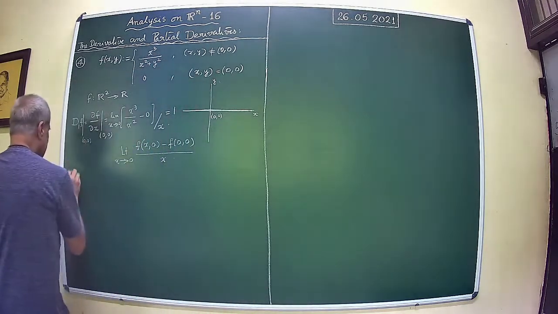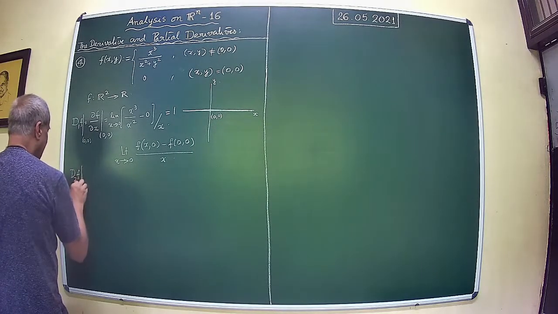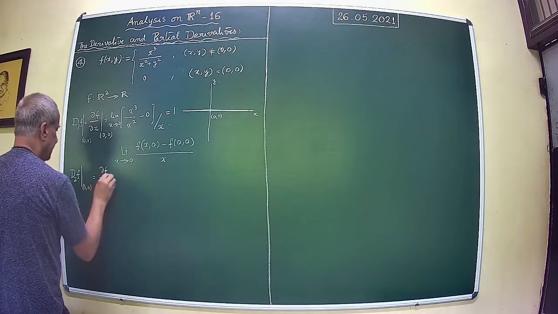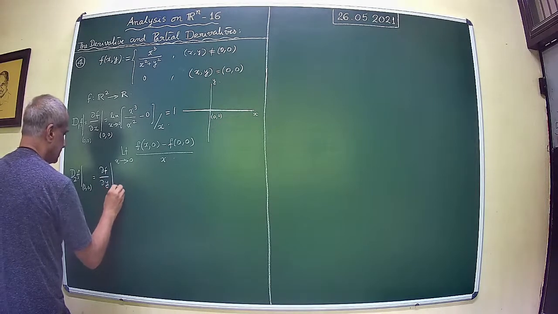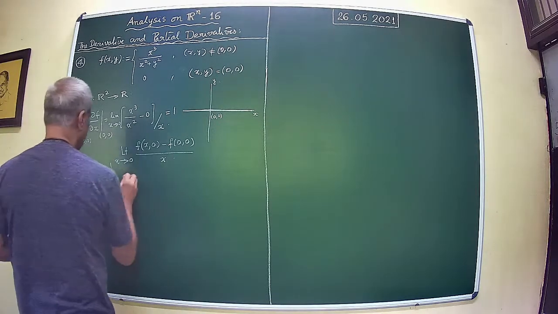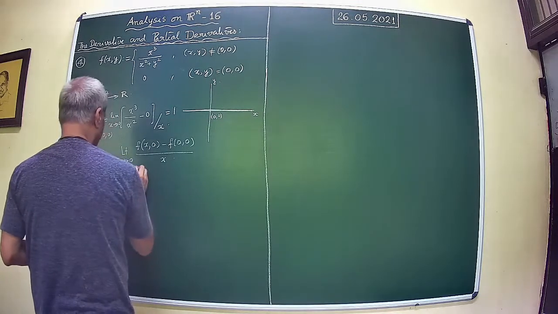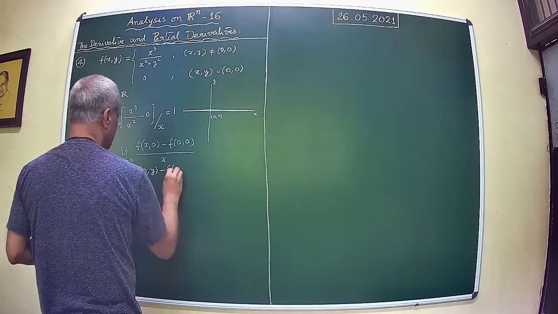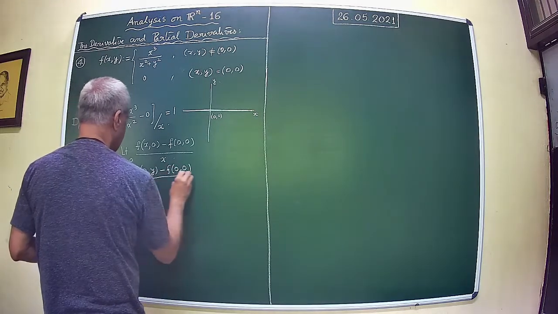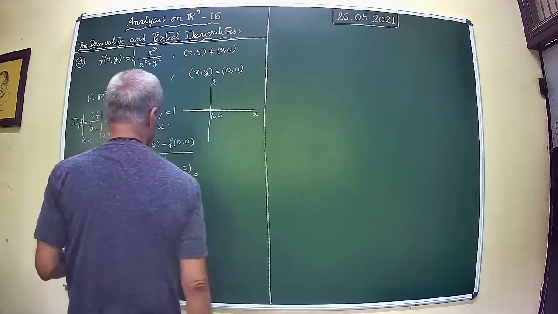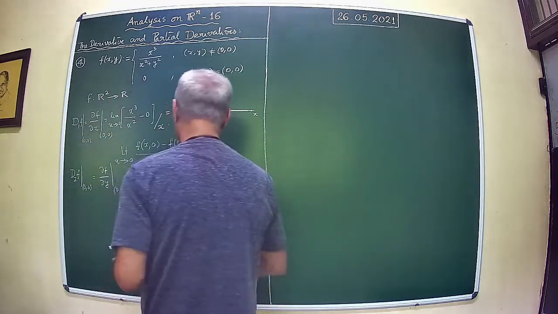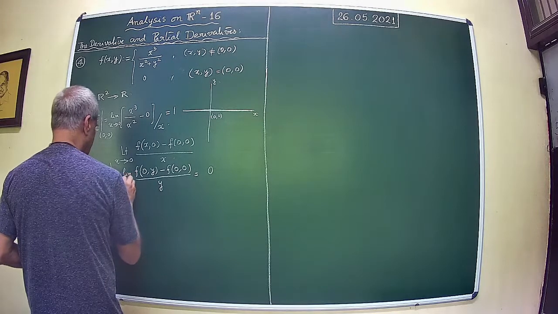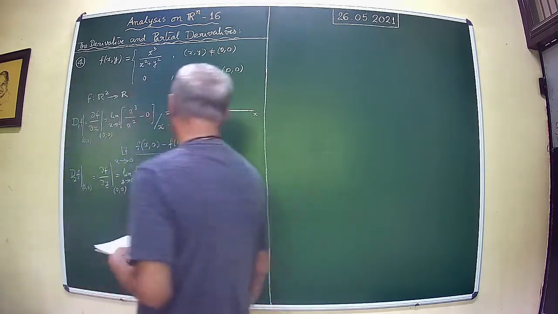Similarly, we compute d2f at (0, 0), which is equal to df by dy at (0, 0), which is equal to the limit of f of (0, y) minus f of (0, 0) over y, which is equal to 0.